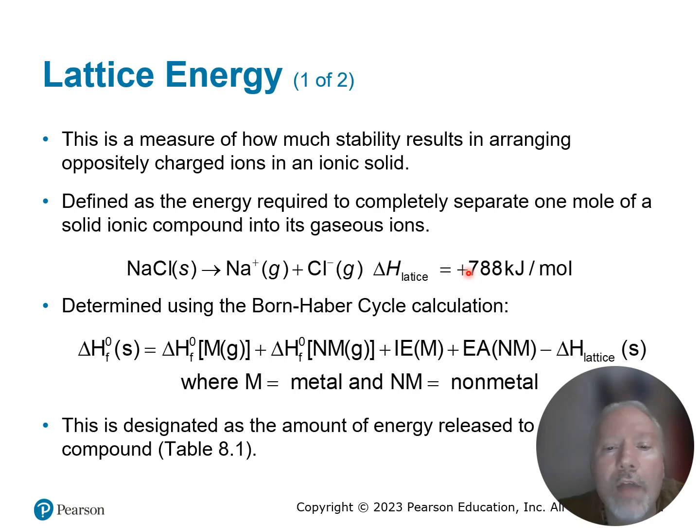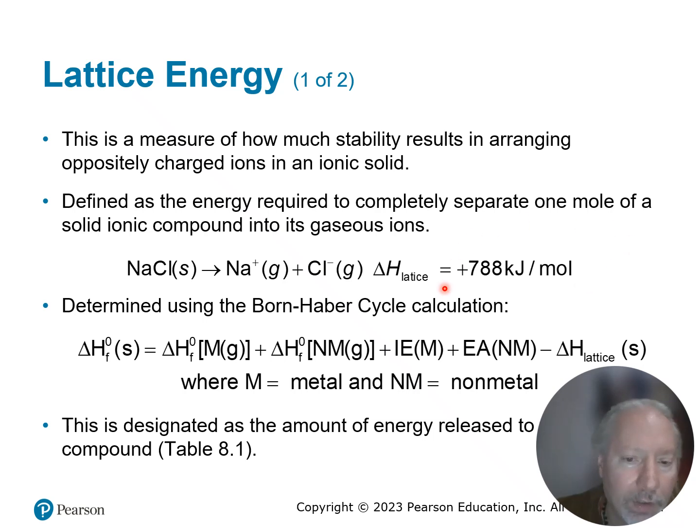So we know that to take that solid and look at the reaction helps answer the question. Taking the solid and turning it into gas, cations and anions takes energy, which makes sense. Turning something from a solid to a gas must take energy. Now, if we were to reverse this process and rewrite this equation in reverse, sodium cation plus chloride anion equals sodium chloride solid, we would have a negative 788 kilojoules per mole.